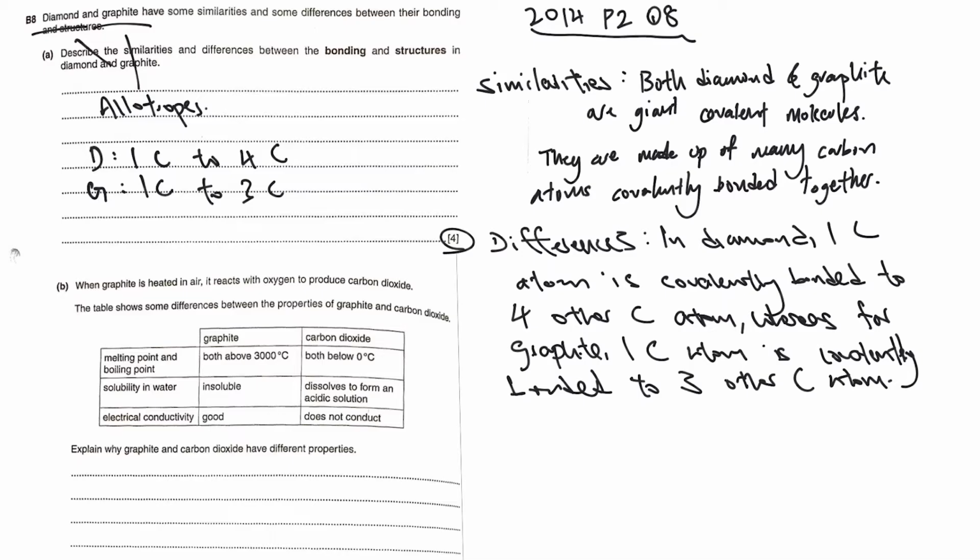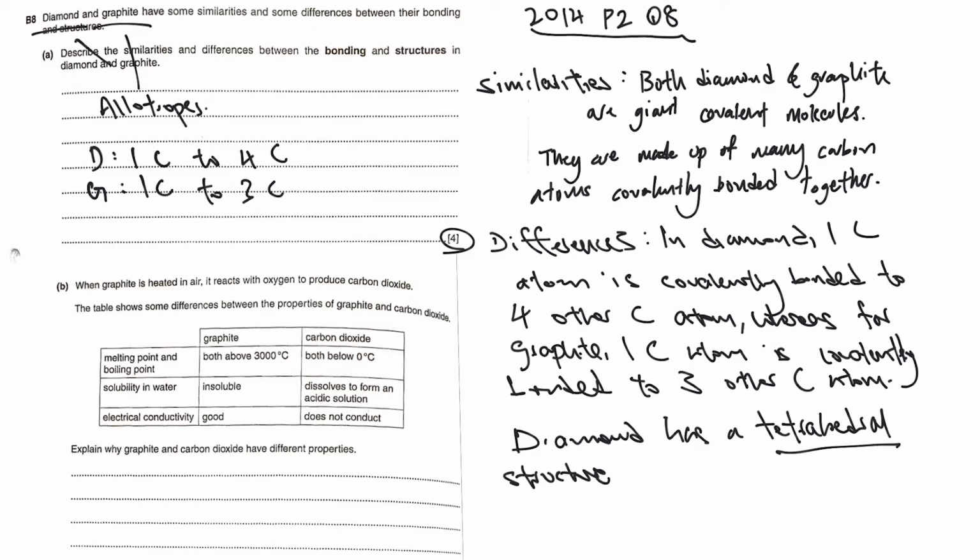Next, in terms of the structure, diamond has a tetrahedral structure, while graphite has a hexagonal structure, right?